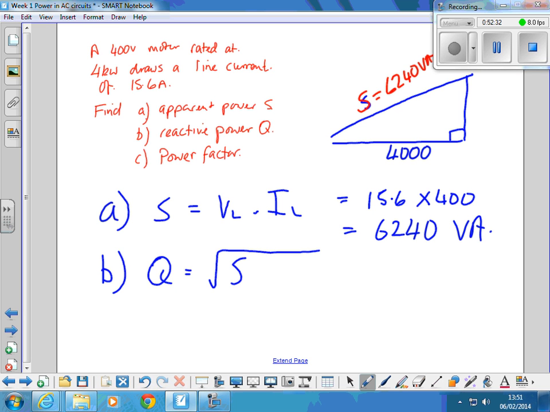It's going to be the hypotenuse squared, take away the power side of it squared. So that's the root of 6240 squared minus 4000 squared. Again, expect someone will push some buttons for us.